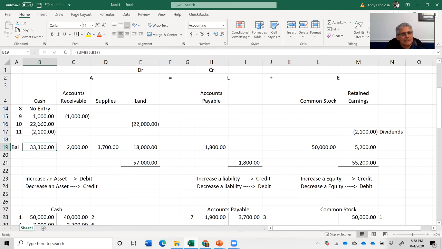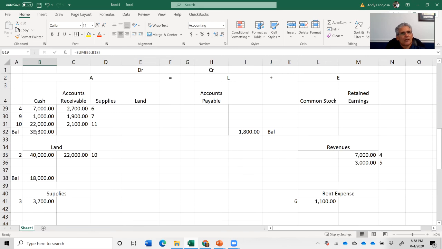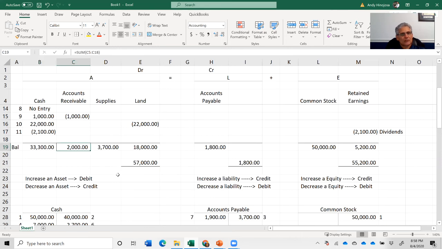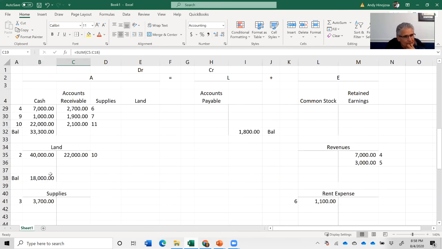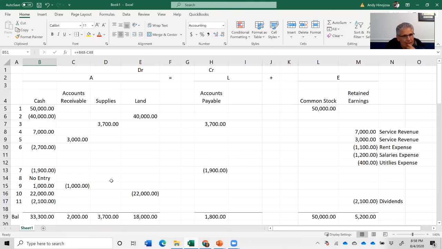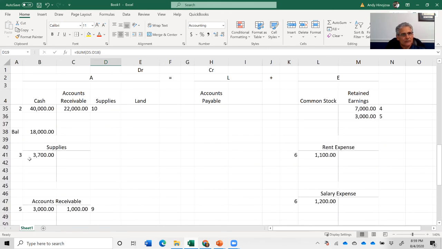The balance in cash was $33,300, a debit balance. Accounts receivable, $2,000 debit. Moving up to supplies, the balance is $3,700 debit. We'll scroll down to the T account, $3,700 debit.